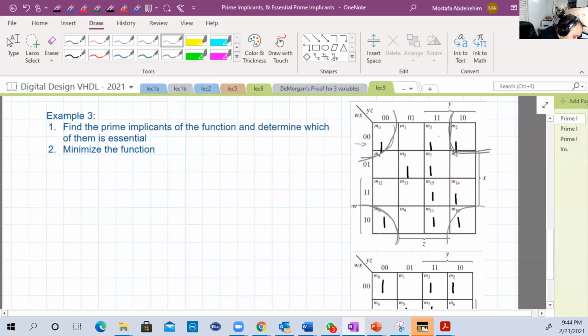Then this one here can be done in two ways basically. It belongs to that prime implicant here. Remember, it's foldable. And it also belongs to that prime implicant here.